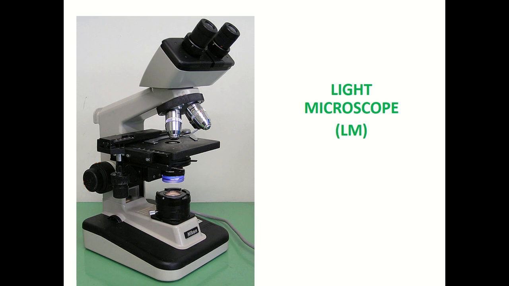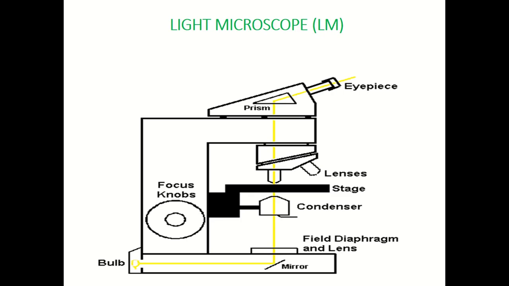So this is how the light microscope looks. You usually can find it in a school laboratory and also an undergrad laboratory. And this figure here shows important parts of the light microscope.